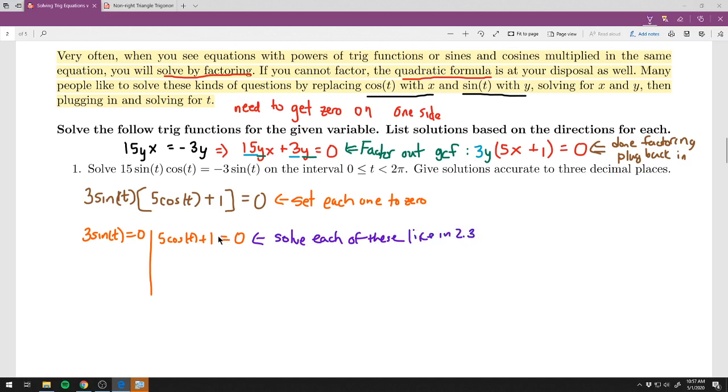Right. So since we want it on the interval 0 to 2 pi, we want to try to get two solutions for each. And then whatever our solutions are, combined, are going to make up our final answer.